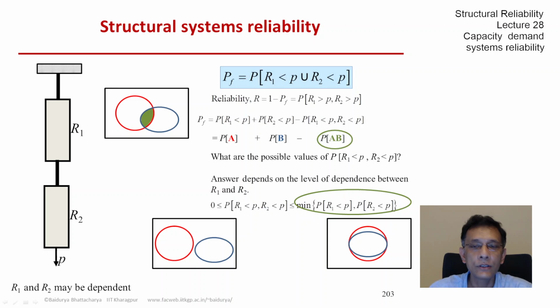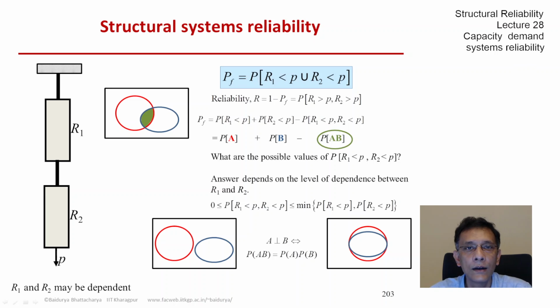Between these two limits, we could be anywhere, and depending on exactly how much the intersection is, we would have different values of PAB, or P of R1 less than P and R2 less than P. And specifically, if they were independent, then the intersection would be just as big as necessary to have a probability equal to the product of the first order probabilities.